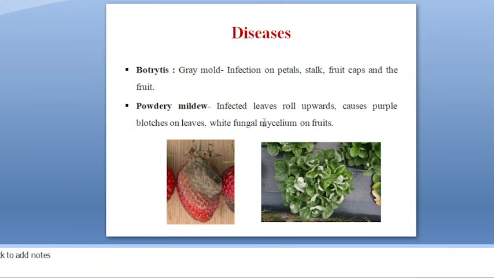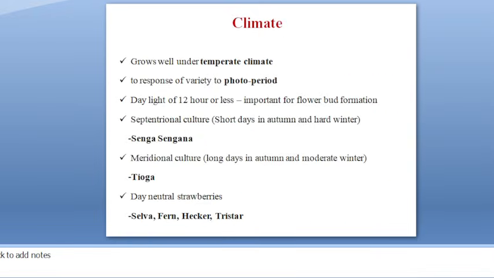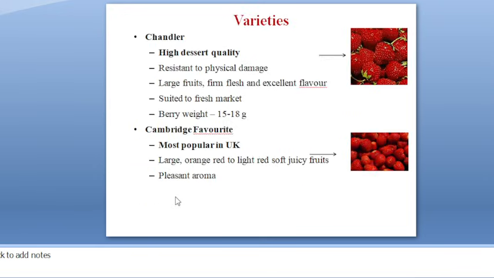Senga Sengana is the septentrional cultivar, a short day cultivar. Tioga is the meridional cultivar. Selva is the day neutral variety. So these things you should know.